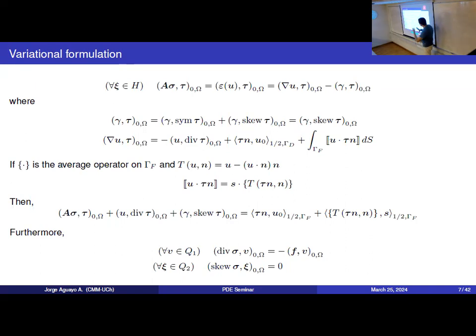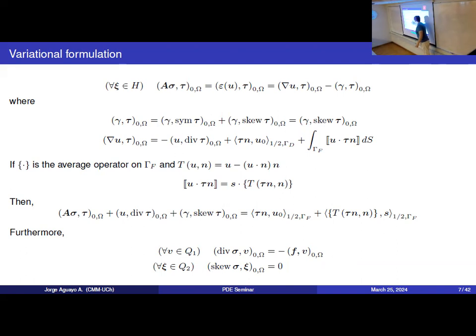But that part we need to adapt to generate a new variational formulation, and we also need to make the term that we need, the jump, appear. The good way to do it is to separate this term into a symmetric and a skew-symmetric part, because this term is equal to 0. In the second part, this term will be decomposed using integration by parts, and this term appears. This term is very important for us.